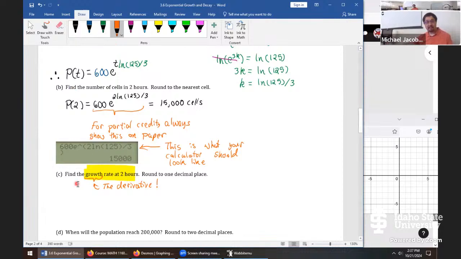If you read part C in just a generic application, you would assume you have to differentiate P, that function right up there, and then plug 2 into the derivative. But actually that's not the case, because P of T came from the solution of an actual differential equation. So the moment it says growth rate, we should immediately write this.